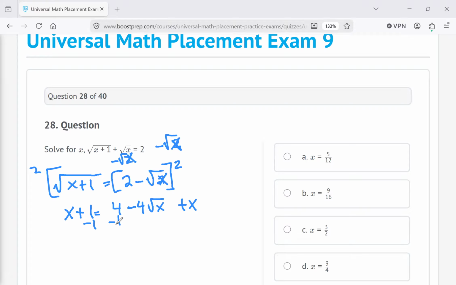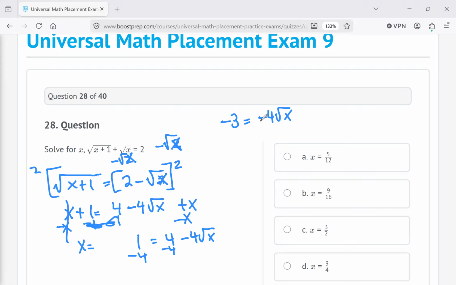And then what can I do? Just subtract 1 from both sides. So you get x equals, hold on. No, actually, if you see the x's, you can subtract the x. There you go. So you have 1 equals 4 minus 4 radical x, right? And then go ahead and solve for x, you're going to subtract 4. So 1 minus 4 is negative 3, and then you have negative 4 radical x.